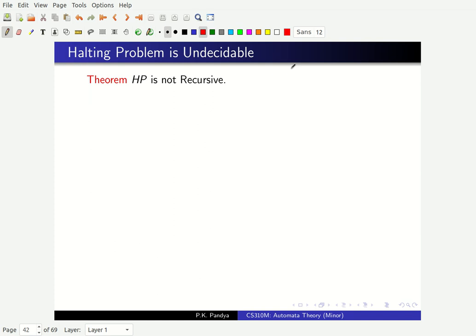If I may write it here, HP was the set of all pairs, code of M and X, such that M halts on X. That is, running M on X, the machine will end either in an accepting state or a rejecting state. Those pairs will belong to HP, M halts on X, right? This is my halting problem. And we already showed that this set was recursively enumerable. Now we will show that it is not recursive.